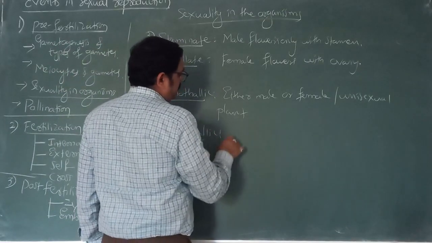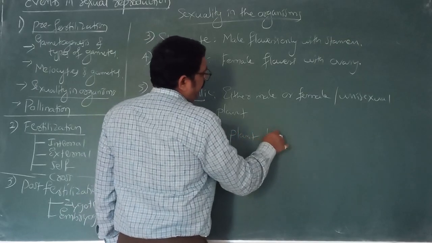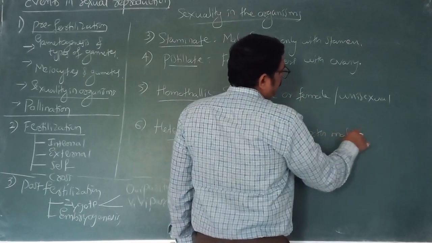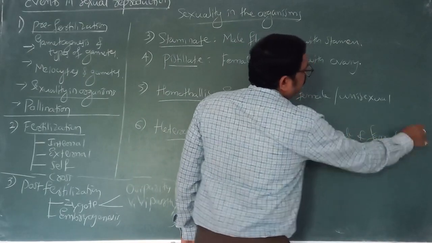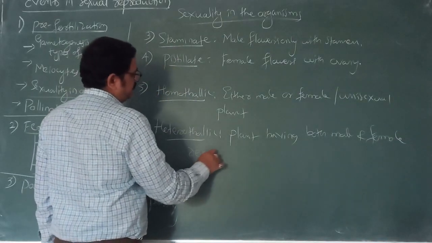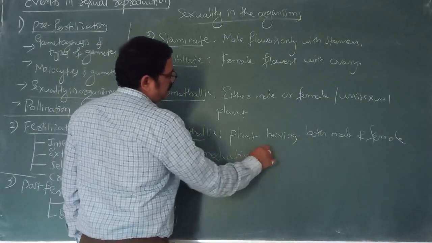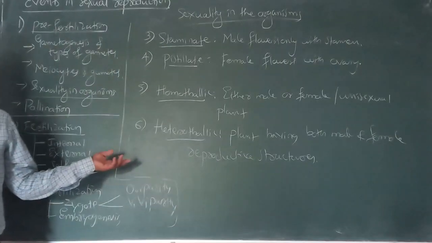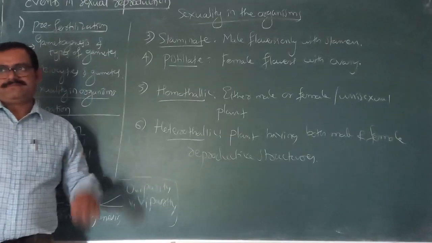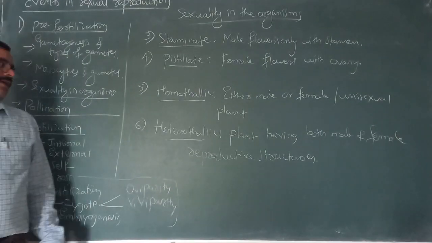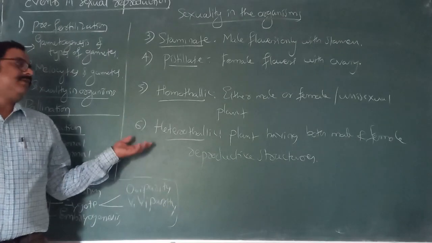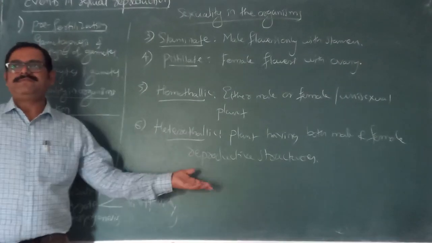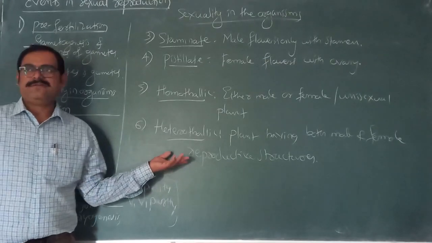A plant having both male and female reproductive structures, or it may have both male and female flowers. The plant may be heterothallic, having both male and female. The plant as a whole is bisexual, but the flowers may be male flowers as well as female flowers.